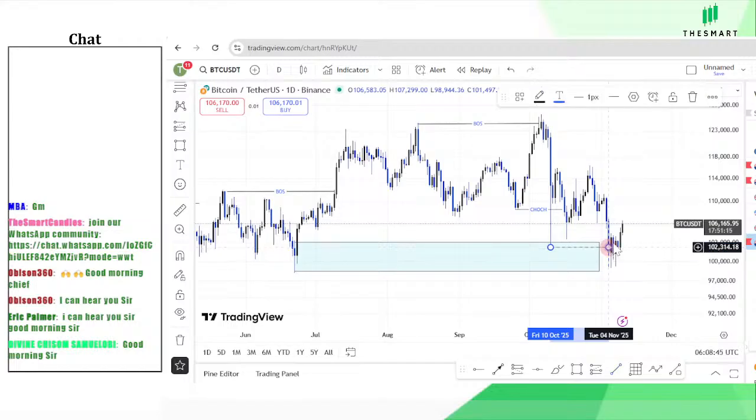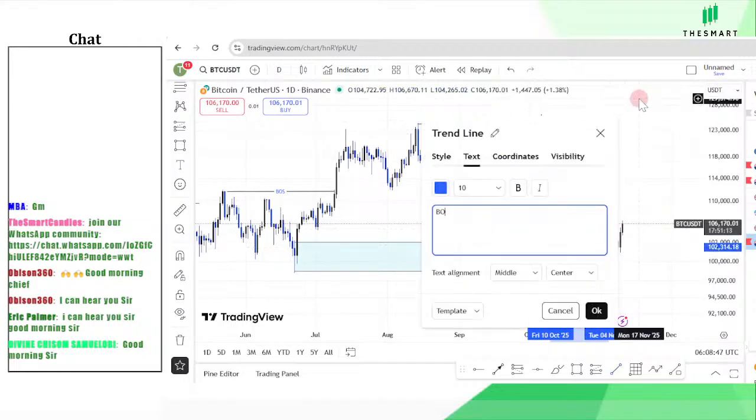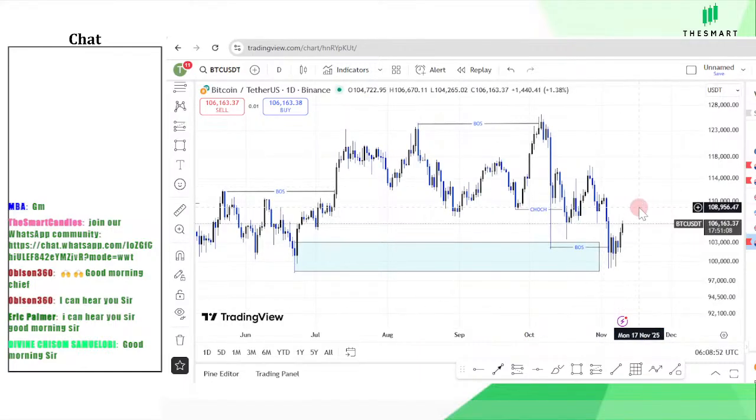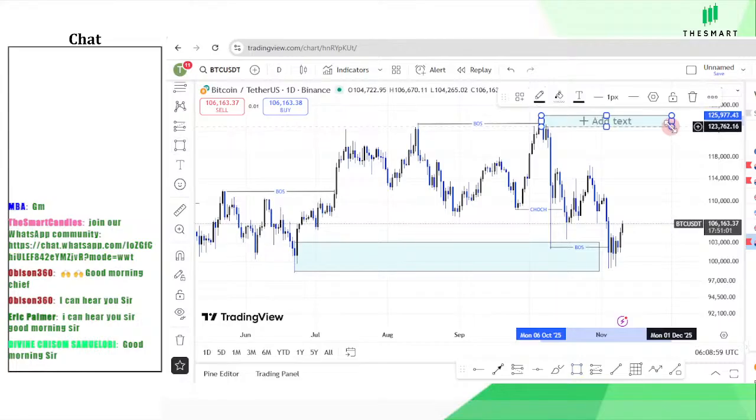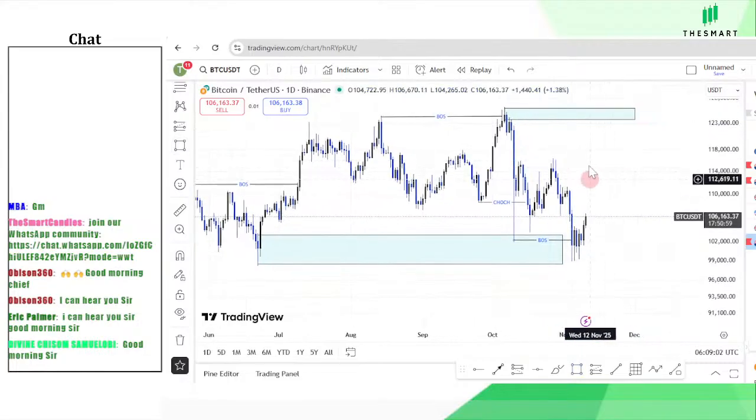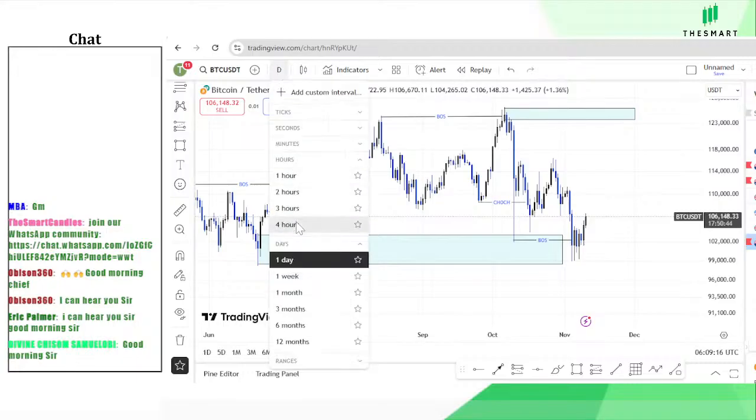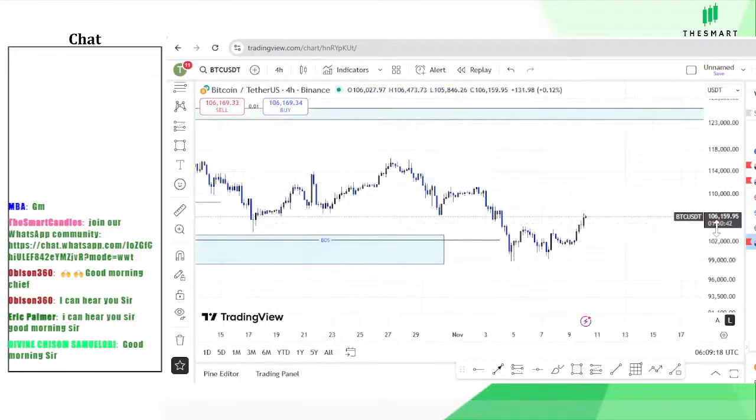So this is what we have on the daily, which tells us that we have a zone right at this point, and if we should go down to a lower time frame, definitely we should have a zone at this point. On the daily, this is like what, an inducement for us. So let's go down to the 4 hours to actually get a more precise view of what the market is telling us on 4 hours.